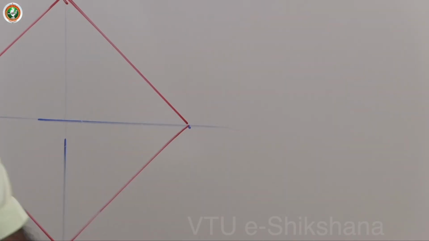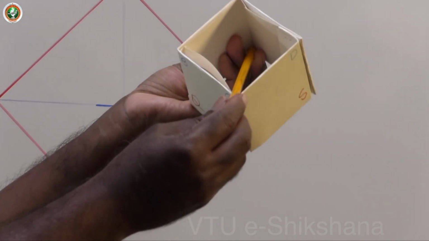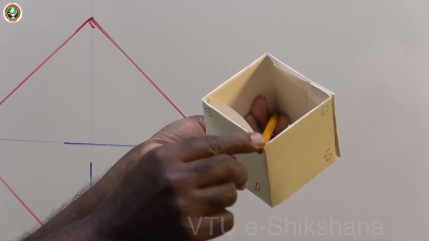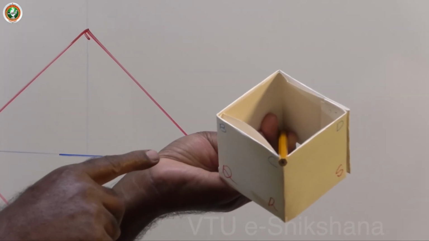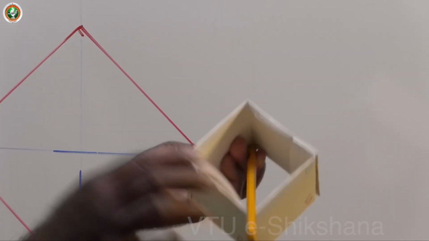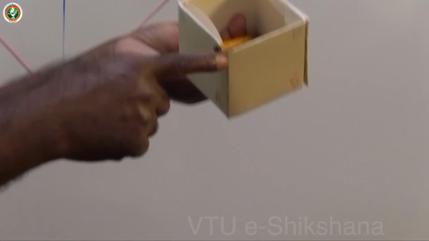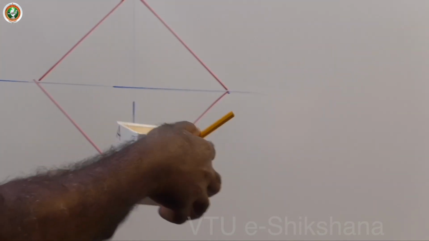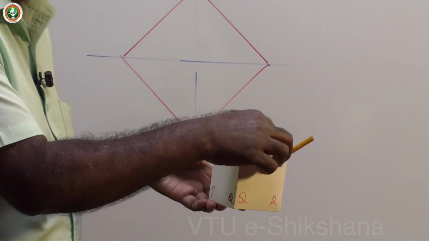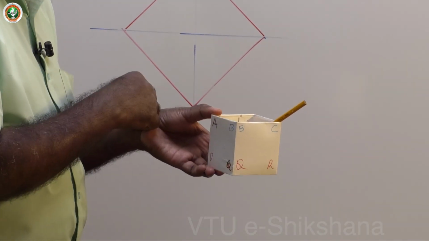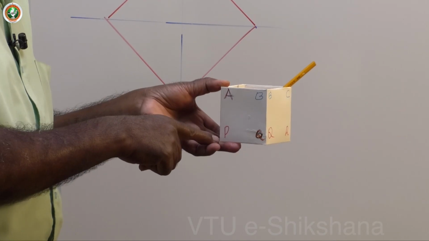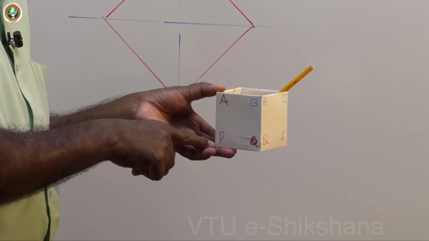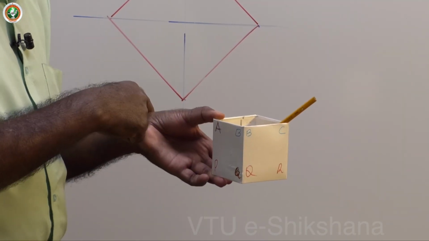This is one corner and this is another corner that gives you the solid diagonal. This is P, this is C. That means you should select one corner of the top face and the diagonally opposite base corner. Then that gives you the solid diagonal.